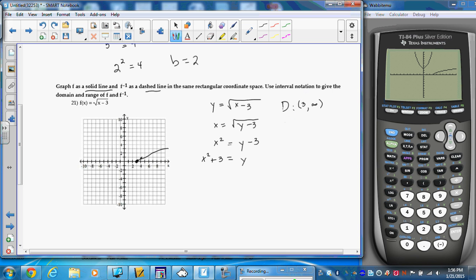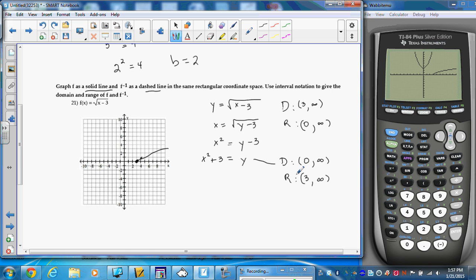And it has a range of 0 to infinity. So what you need to know about the inverse is that the domain and range are going to switch places. So the domain for this one is 0 to infinity, and the range for this one is the domain for the other one. It's going to be 3 to infinity.